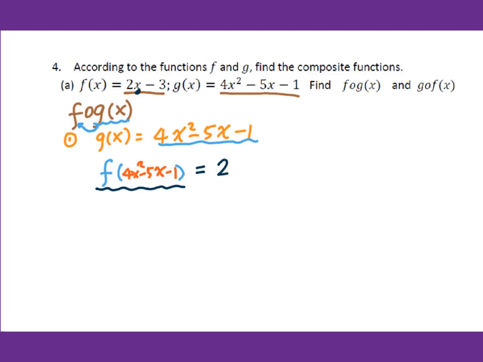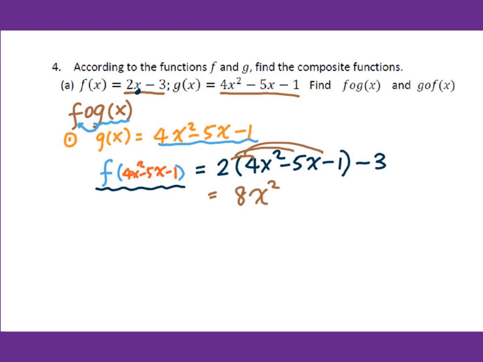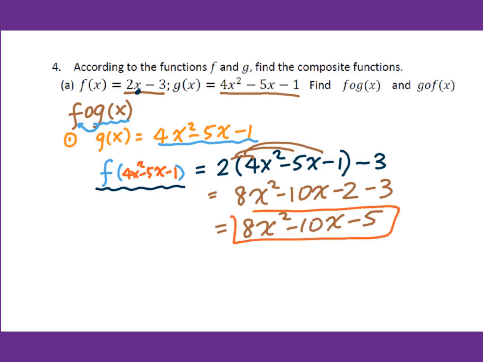Whenever you have x, you need to change into 4x squared minus 5x minus 1. Then minus 3. So we do distributive property. We got 8x squared minus 10x minus 2 minus 3. So we got 8x squared minus 10x minus 5. That's the answer for f of g of x.